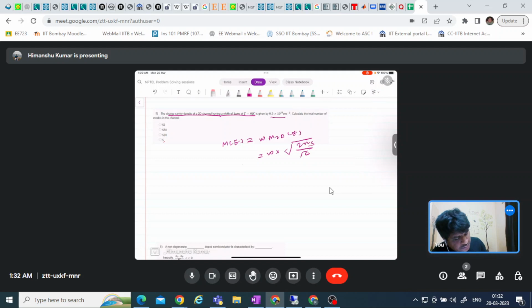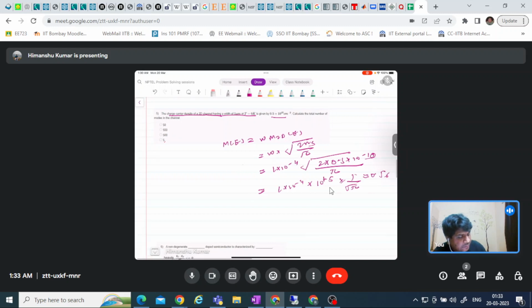So now if we put 1 micron, 1 into 10 to the minus 4 centimeter, multiplied by the square root of 2 times ns, which is 0.5 into 10 to the minus 10, divided by pi. So now it will become 1 into 10 to the minus 4 multiplied by 10 to the minus 5 and 10 to the power plus 5, and this multiplied by 1 by square root of pi, which is around 0.56.